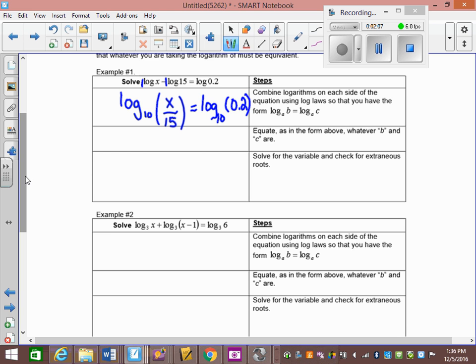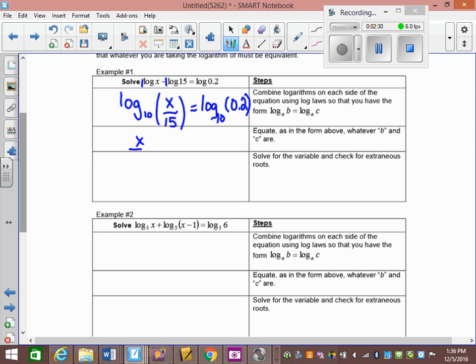Now, why is this way easier than the other way? It's easier because now we have a log equaling a log. We have log base 10, log base 10. This is in the brackets, this is in the brackets. So what can we say for this to be true? That whatever's in this bracket must equal this, correct?